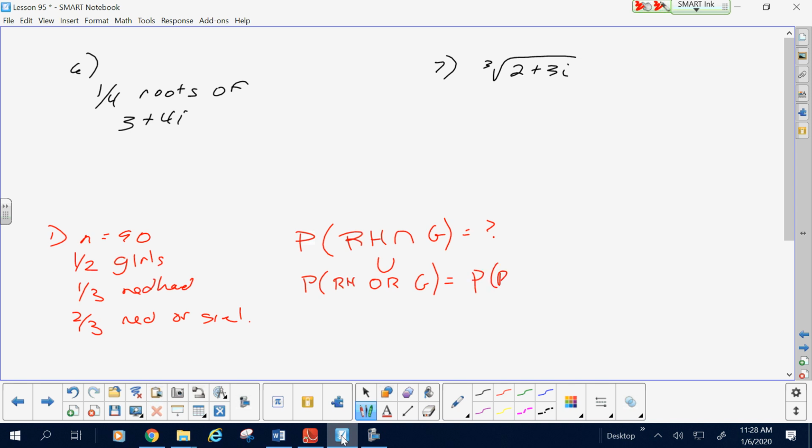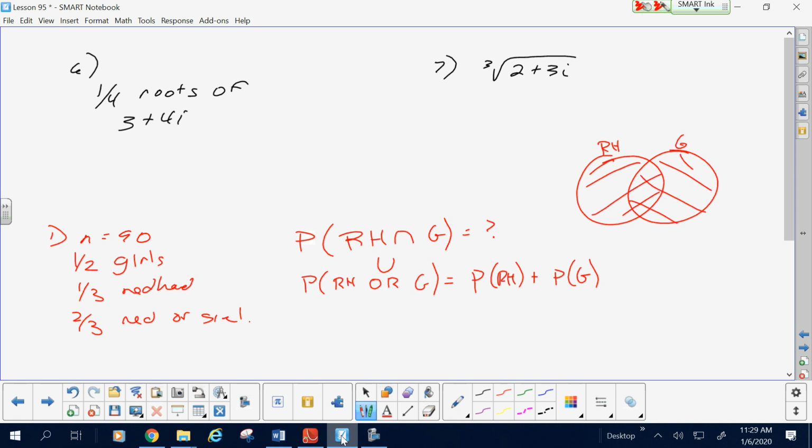Probability of redhead plus probability of girl minus, and that minus is so we don't double count. We talked about redhead, we talked about girl, and now we've double counted redhead and girl, so we need to subtract away probability of redhead and girl, yeah?